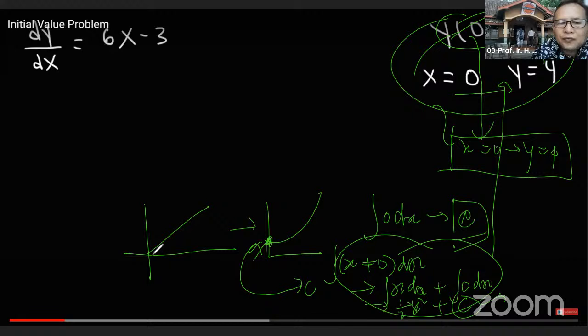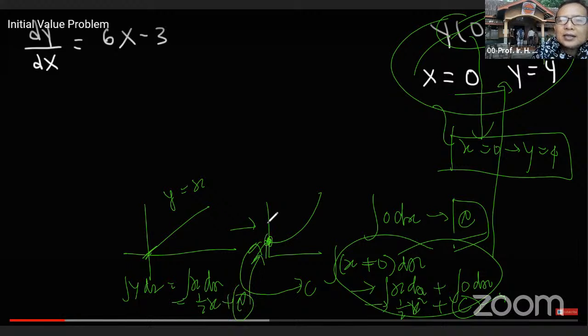Before, you had y equals x, for example. But if you integrate y dx equals the integral of x dx, we find this is one half x squared plus c. This one is c. So you need the initial value to solve this one.